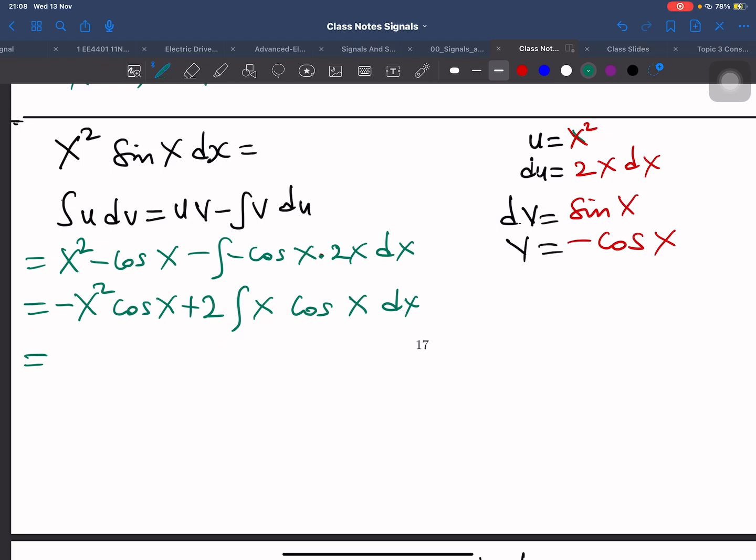Now the next thing is to do the integration. Because we have x cos x, we have to do another integration by parts again.